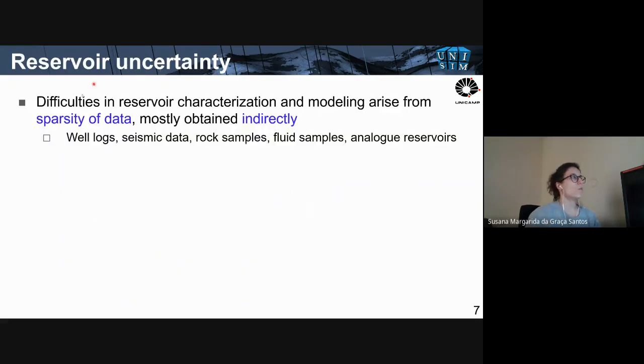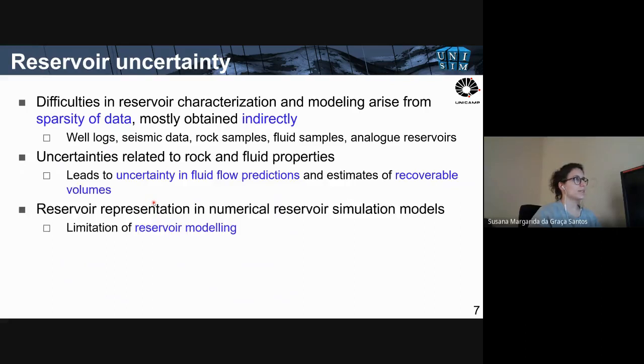So basically, where do these uncertainties come from? On the one side, which is obvious, it's the reservoir uncertainties, as you may have seen in one of the first lectures on reservoir characterization. Our physical system is not accessible very well.